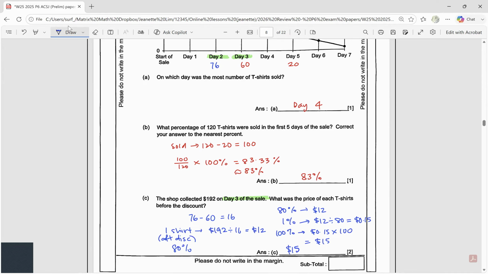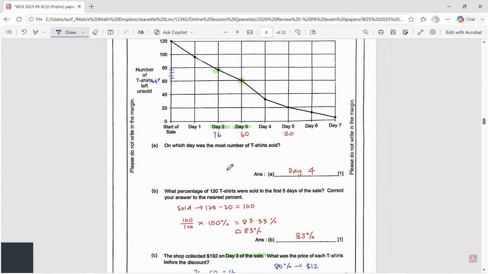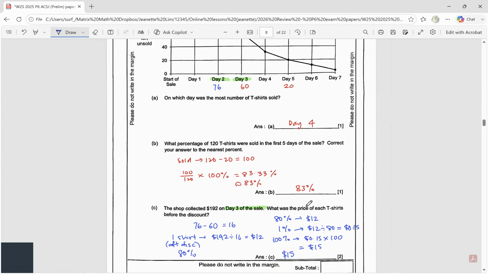So the answer is $15. I'm writing it in blue because this cannot be solved due to the missing lines on the graph. If you realize you can't solve this part, it's because there are missing lines in the graph. But I'm just showing you if there were lines, this is how you solve it.